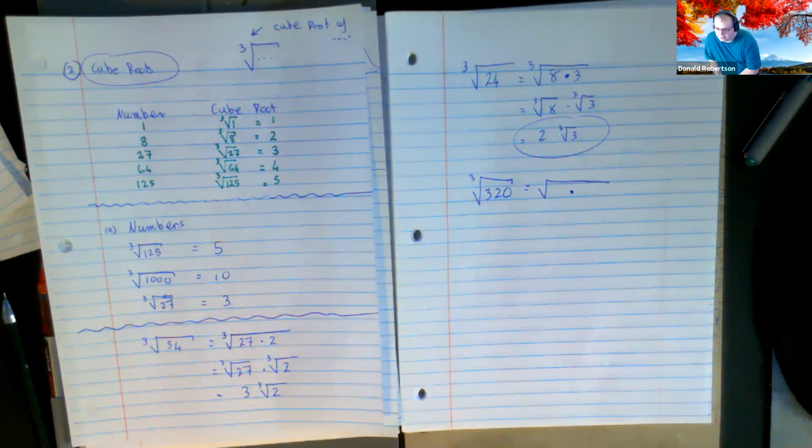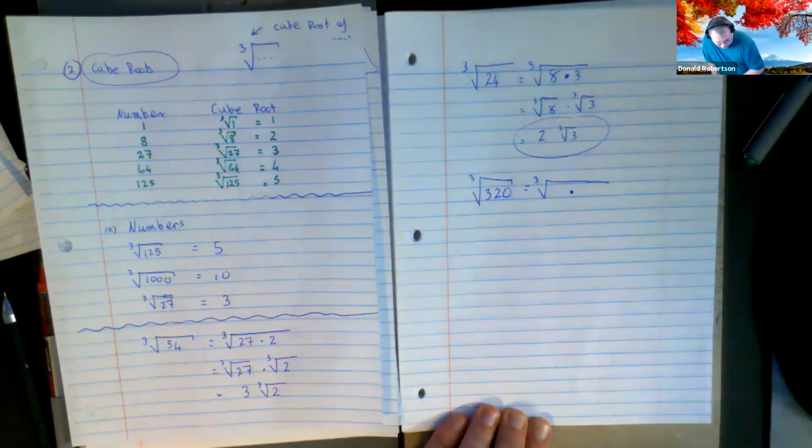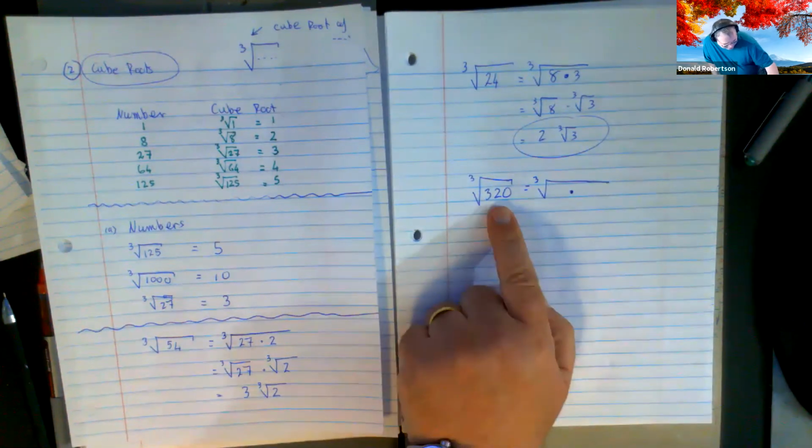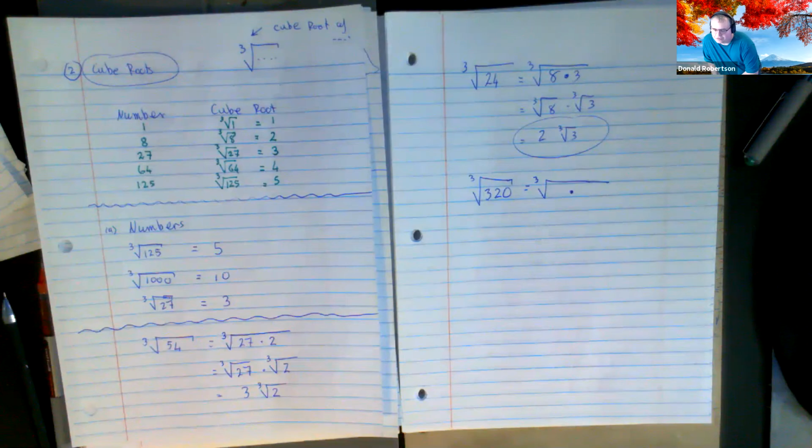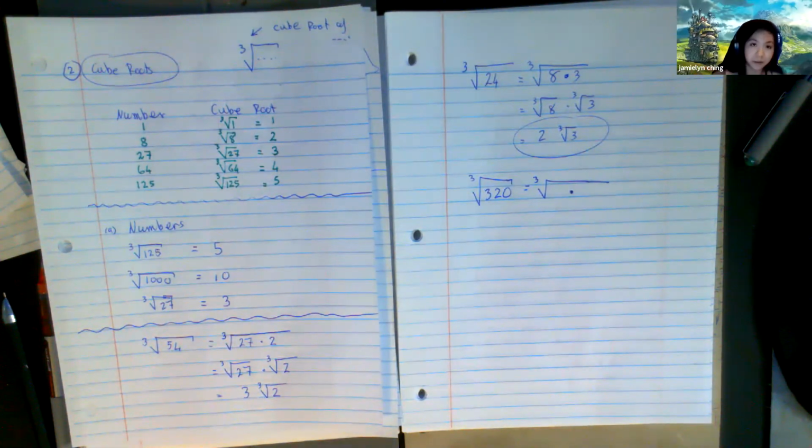Cube, and I can see someone already doing what I would suggest you do in this question. And that is, shouldn't you try this number and see which one of these it matches with? And you can do that by simply just dividing. So what's the cube root of 320 going to split up as? It'll be 64 times 5.